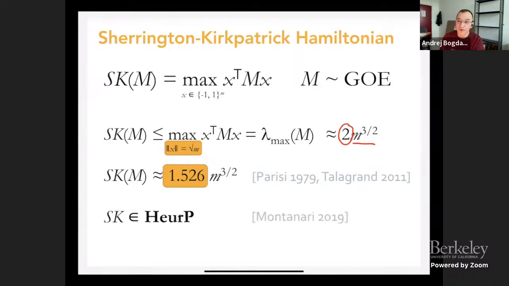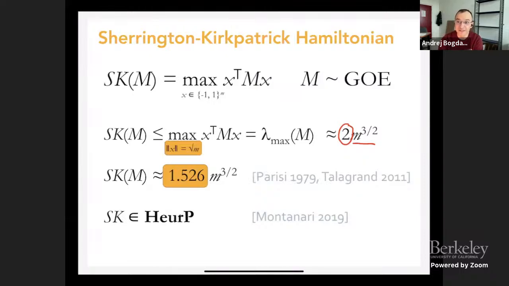And what happened much more recently, and again, this is something I learned at the Simons, is that Montanari asked the algorithmic question. This is a fact which is true about most matrices, but if I give you a specific matrix, what is the complexity of finding a solution to this problem? And in our language, what he shows is that there is an average case heuristic algorithm.